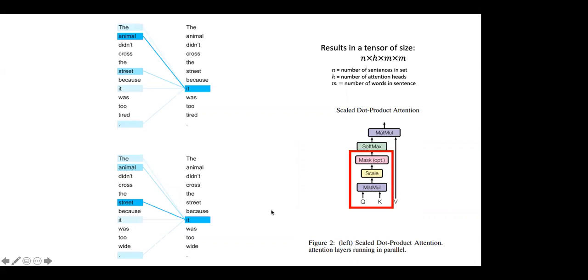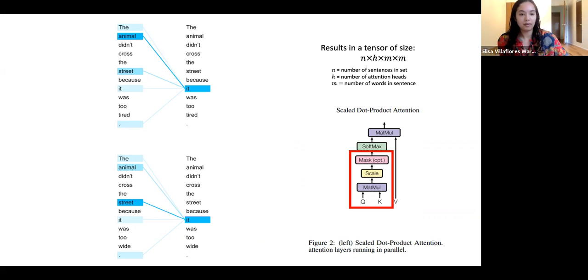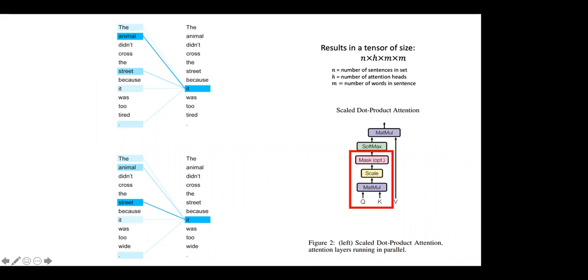Is this looking at the correlation between what? What is the left and what's the right? The input and the output? No, this is the same sentence on the left and on the right. So you need a matrix that has the relationship between every word and every other word in the sentence, across different attention heads.